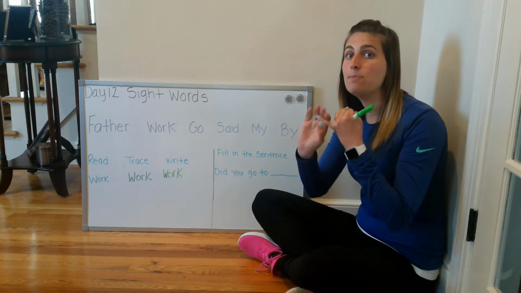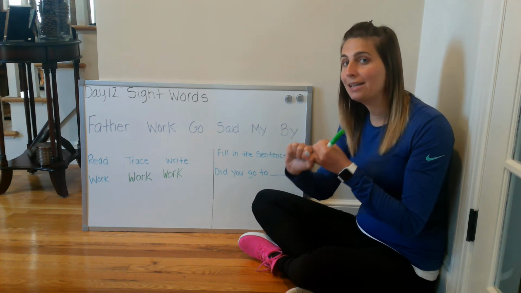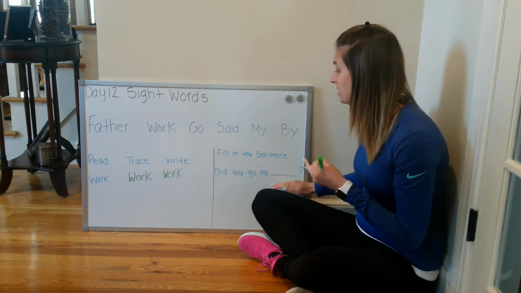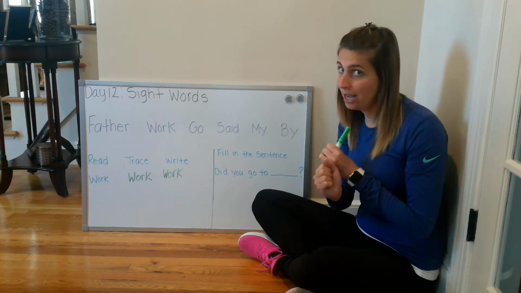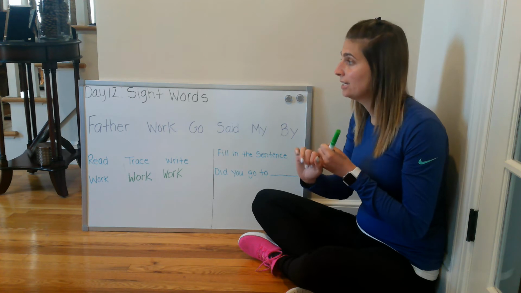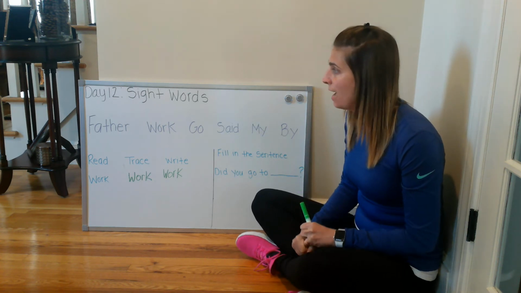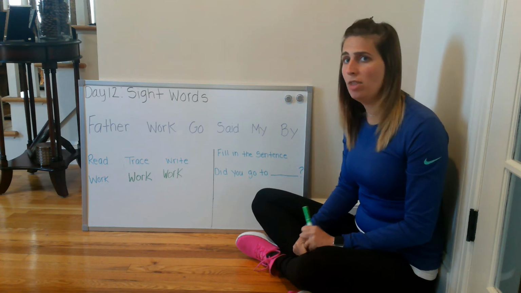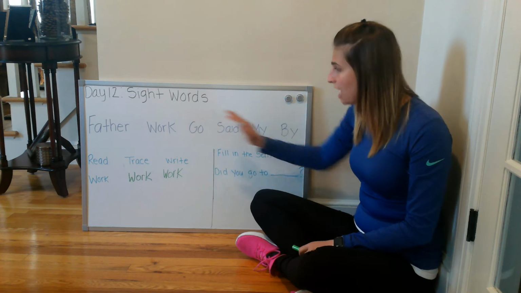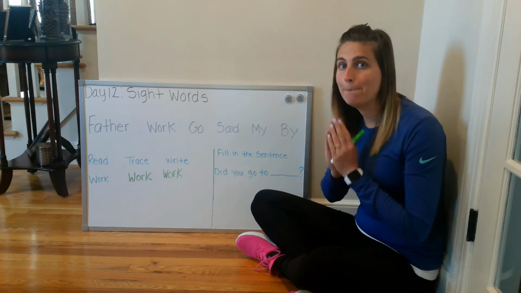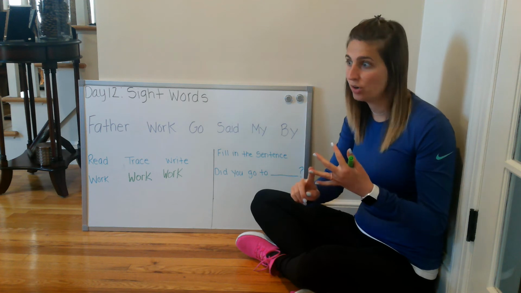If the sentence makes sense and it sounds correctly, that means that sight word is the one that completes the sentence. If my sentence does not sound correctly, that means that sight word is not the one that is going to complete the blank. So I'm going to go through each of the sight words until I find the one that best completes the sentence. It makes sense and it sounds correctly.